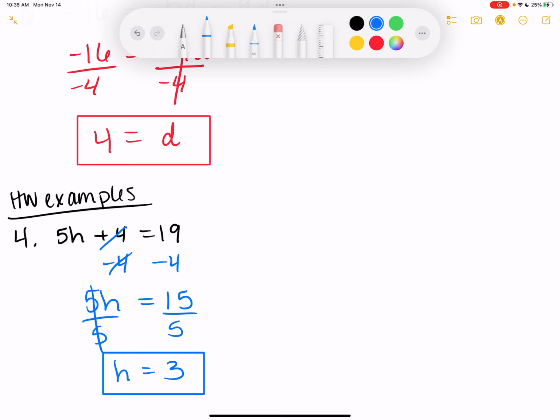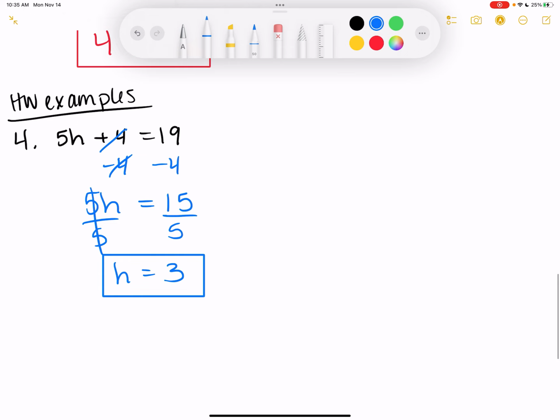And the instructions still say to check, so if you want to get some extra practice doing that, that's fine. The checking part is more for your sake to know that you got the problem right. So, let's see. Number 6. 2g minus 13 equals 3.